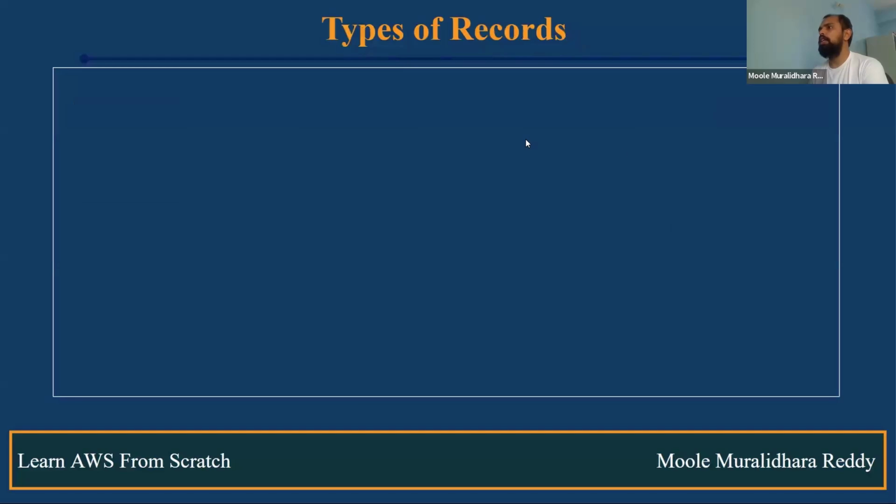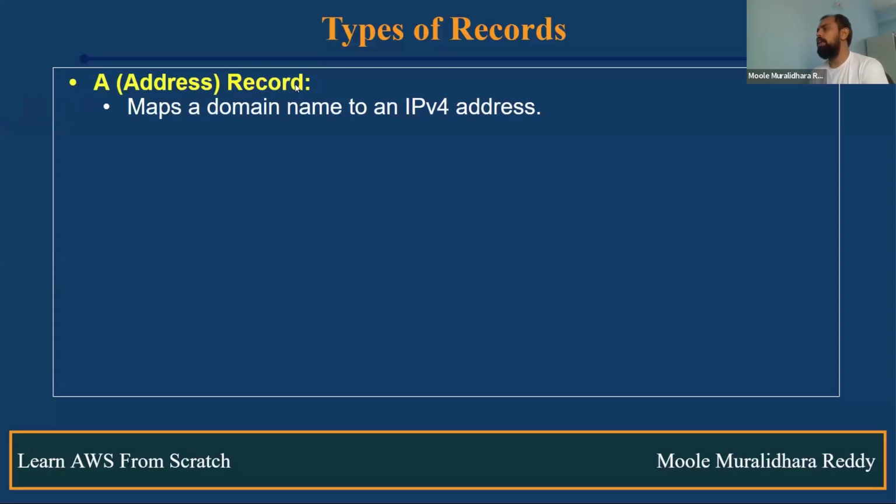Coming to the first one, A record. A is nothing but the address record. This A record we can use to map a domain name to IPv4 addresses. For example, when you're creating the A record, you can directly update the IPv4 IP address, and you can also point it to IPv4-related resources, for example an application load balancer or network load balancer.